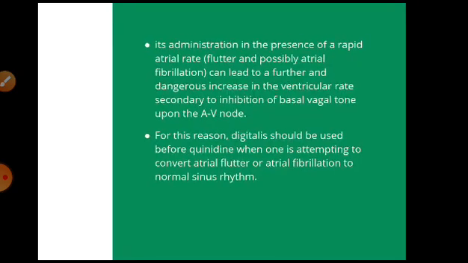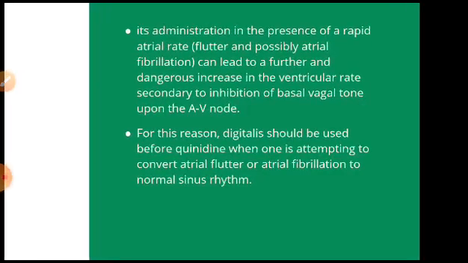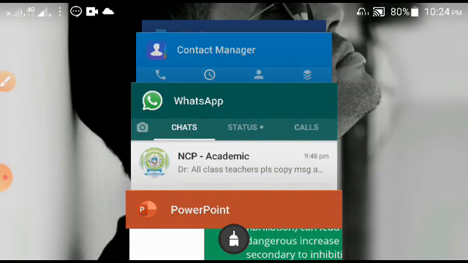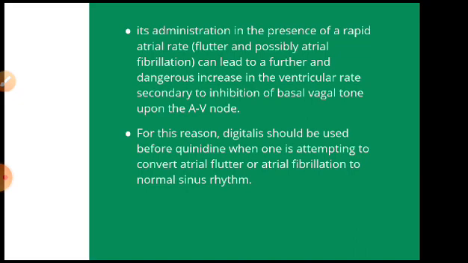Its administration in the presence of a rapid atrial rate, which is a flutter and possibly atrial fibrillation, can lead to a further and dangerous increase in the ventricular rate secondary to inhibition of basal vagal tone upon the AV node. What does it mean?